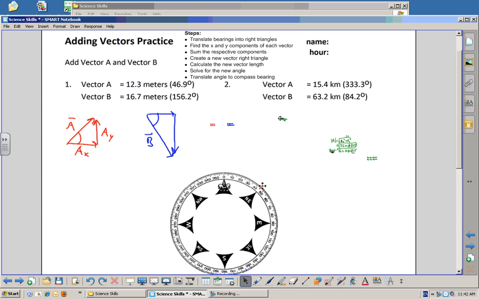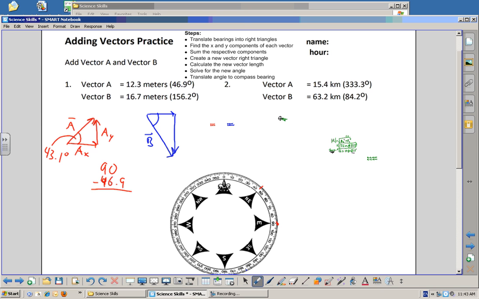This general direction is 90 degrees on the compass, east. So my bearing of 46.9 degrees can be subtracted from 90 to get my new bearing, or my new angle, excuse me, 43.1 degrees.